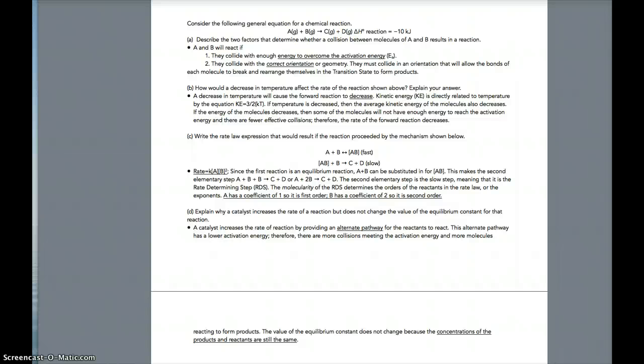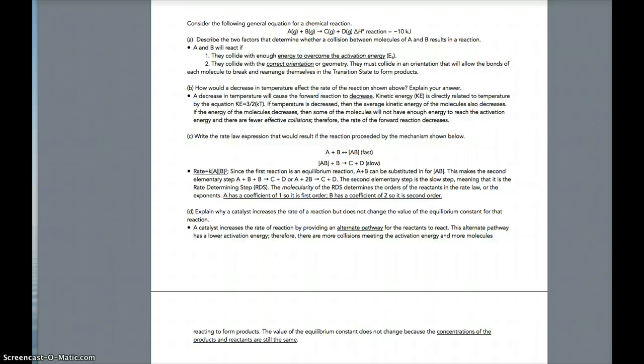But since the fast step above it is in equilibrium and it's A plus B equilibrates to AB, you can substitute AB with A plus B. So the slow and rate determining step becomes A plus 2B yields C plus D. And since the molecularity of the rate determining step matches the orders of the reactants in the rate law, you can say that rate equals k times concentration A raised to the first power because A has a coefficient of 1, and then concentration B squared because B has a coefficient of 2.